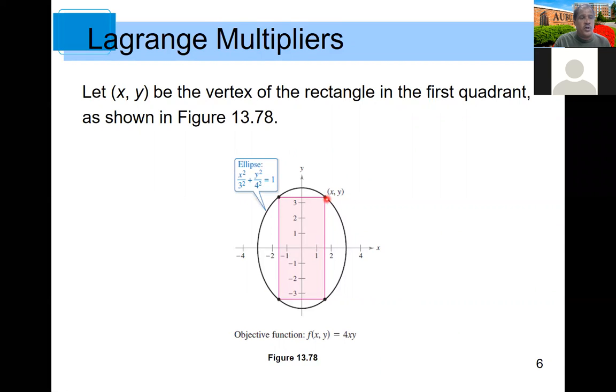And therefore, if we call f the area of the rectangle, f of x, y will be 2x times 2y, which is 4xy.